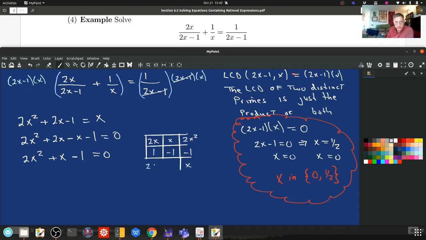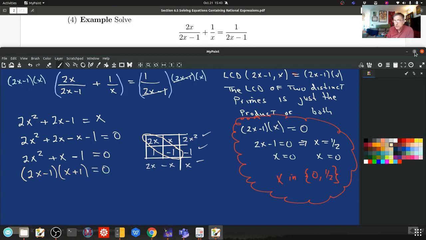So 2x times 1 is 2x, x times minus 1 is minus x, and 2x minus x is equal to x. So our kitty corner factorization is 2x minus 1 times x plus 1, and that's equal to 0.